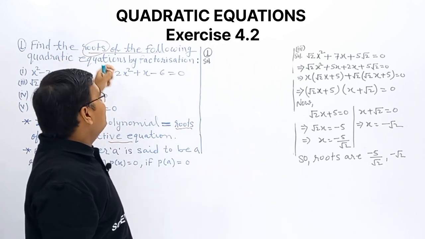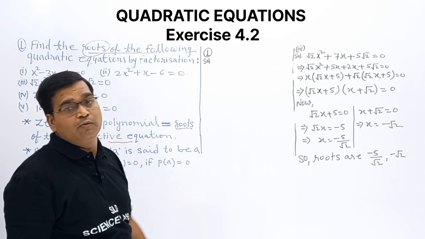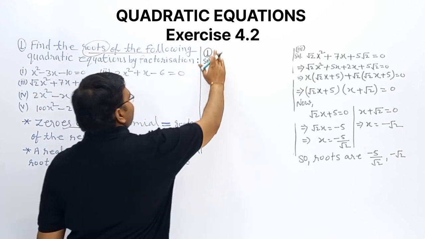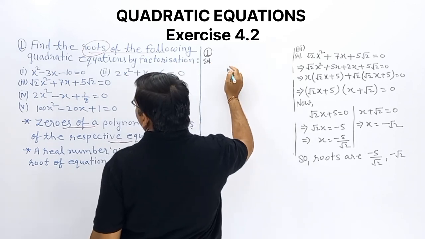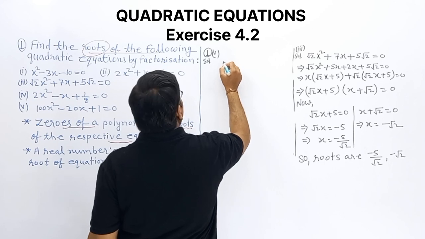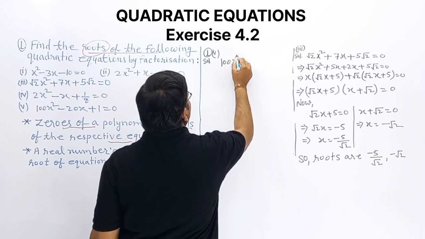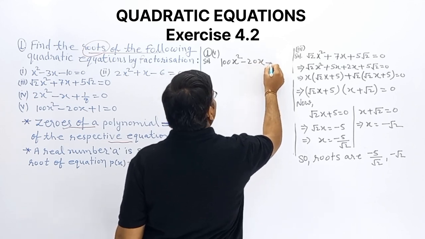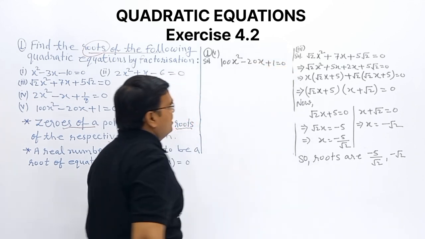This is question number 1 of exercise 4.2, quadratic equation. Observe. Question number 5, what is the question? 100x square minus 20x plus 1 equal to 0.